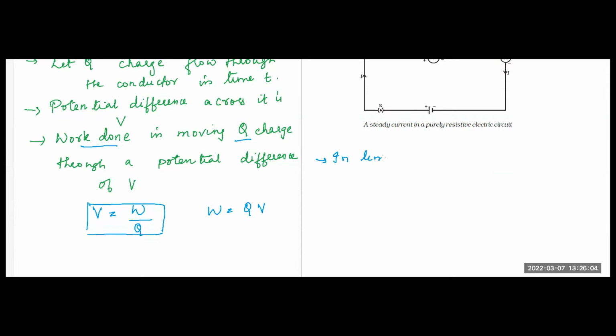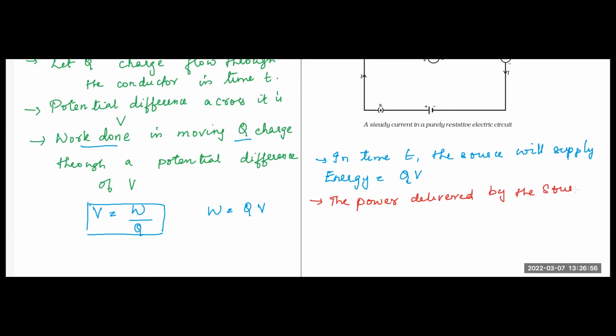So in time t, the source will supply energy equal to Q into V. So we can say that the power delivered by the source is energy per unit time.